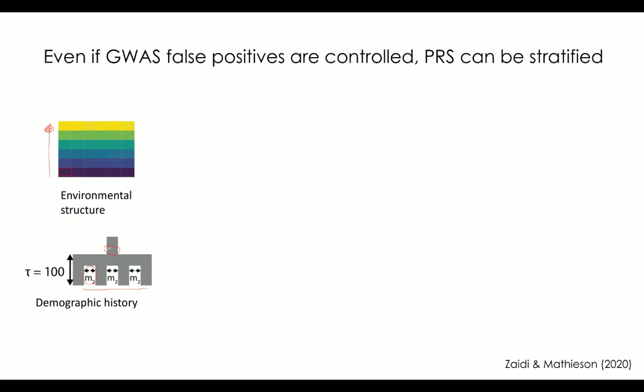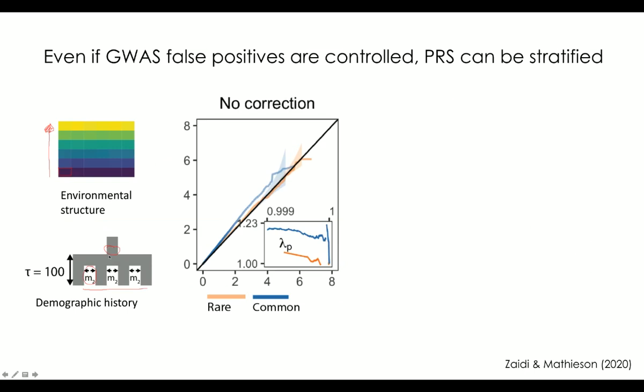When we run the standard GWAS in this framework, this is the QQ plot. On the x-axis, the expected log 10 p-values, and on the y-axis, the observed log 10 p-values. What you see is that there's some inflation, at least in the common variants, shown by the blue line being above the expected y equals x line. That's, of course, what we expect to see when we do association studies in a structured population.